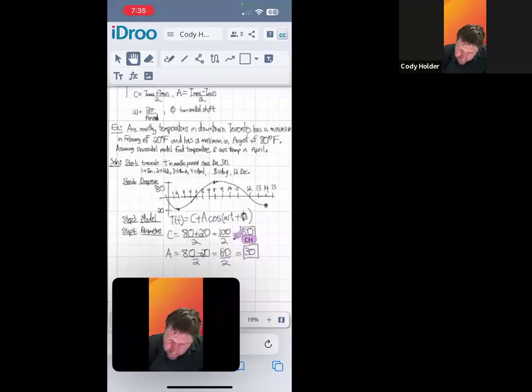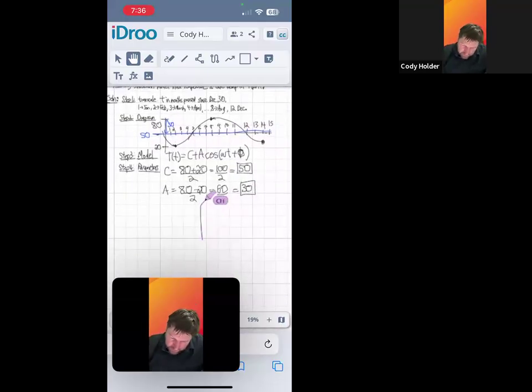So if I look back up at the diagram, the center point is 50 and the amplitude is 30. So the center point right here is 50, not 0, but 50. And then it's 30 for the amplitude, right? 50 plus 30 is 80. 50 minus 30 is 20. So it makes sense. Okay.